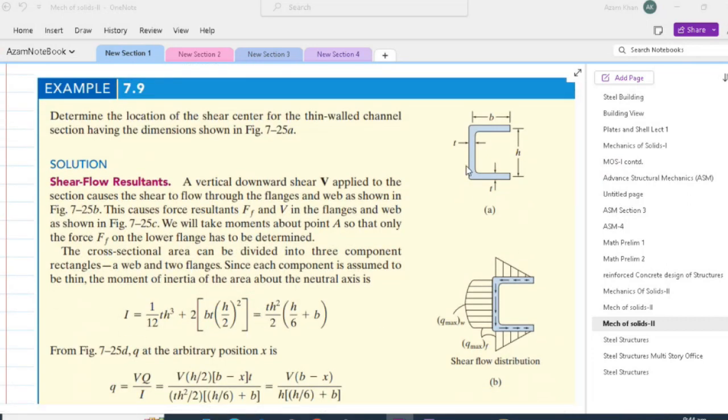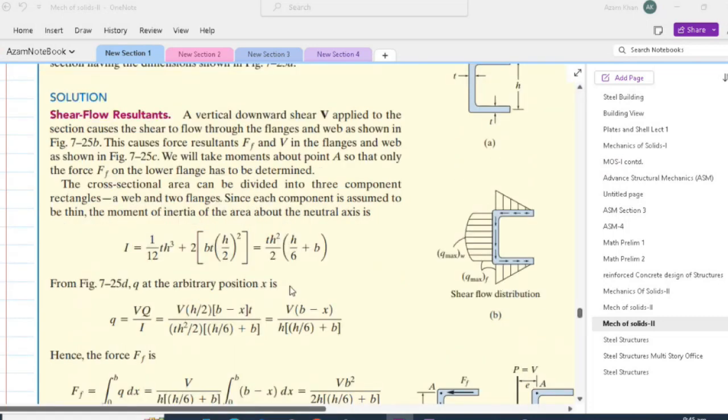So the moment of inertia of the web is t h cubed by 12, and the moment of inertia of the flanges is taken as 2 times area into the square of distance of the flanges from the neutral axis. Thus, we will get t h squared by 2 (h by 6 plus b).